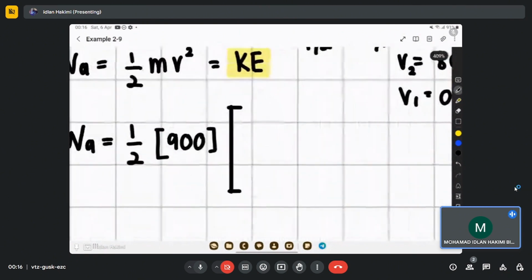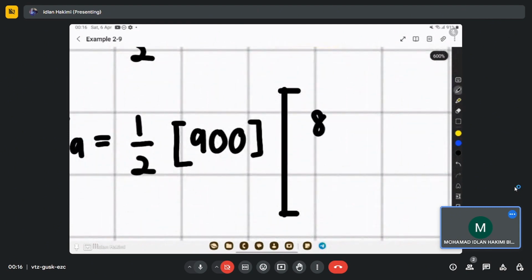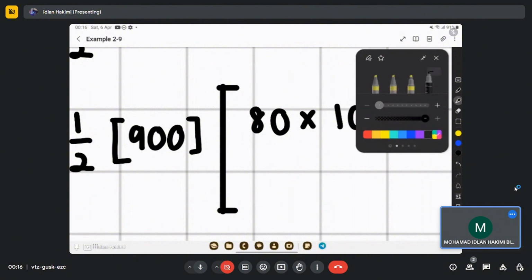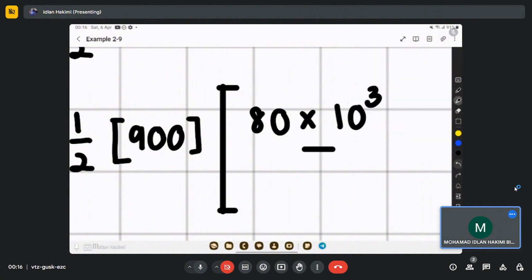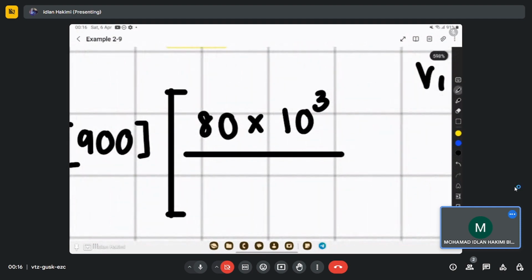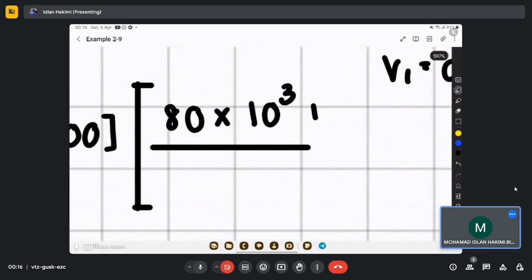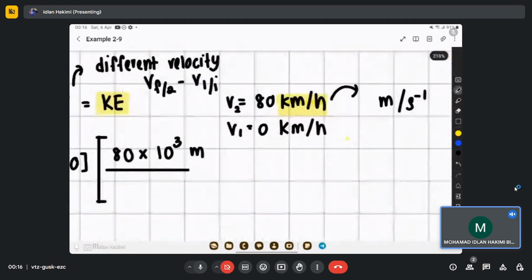For kilometers to meters, we know that 18 kilometers times 1 kilometer equals 1,000 meters, so that means 10 to the power of 3. This one is meters. The second one is the hour.